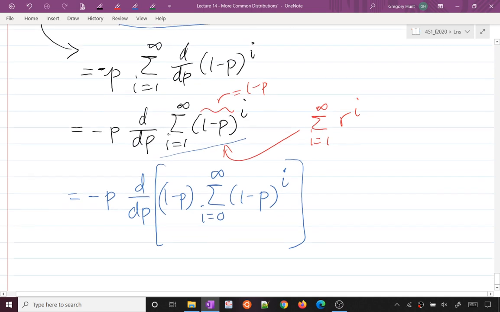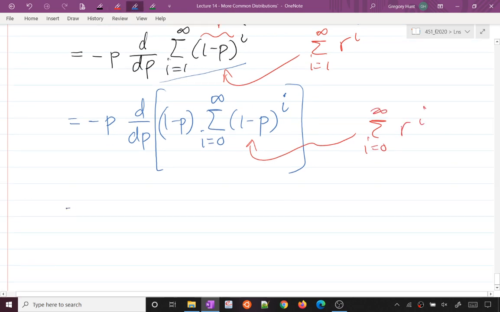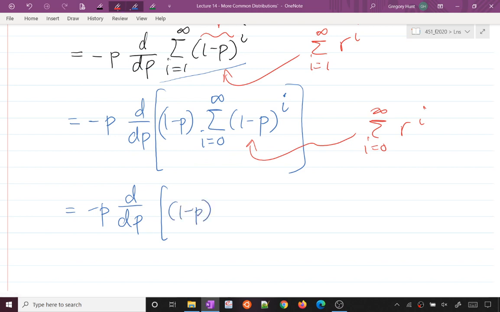That's believable. And now this really is the geometric series, sum from 0 to infinity of r to the i, and we have a nice formula for that, right? So let's write down what we have. Negative p times d/dp of this expression is 1 minus p, and this thing, of course, is 1 over 1 minus r.